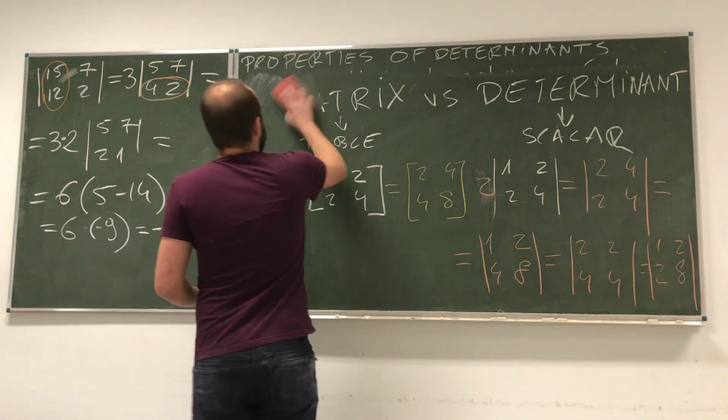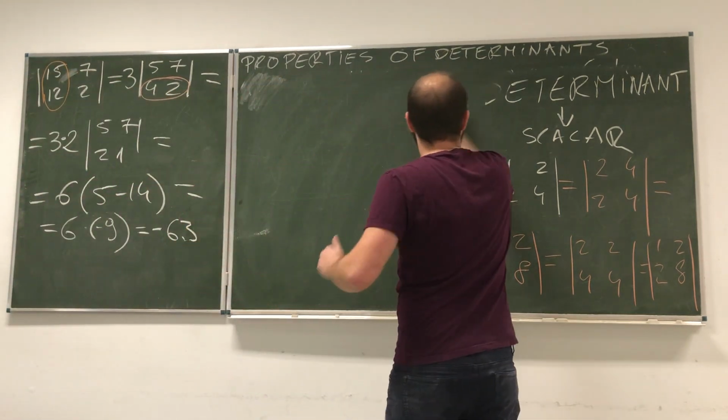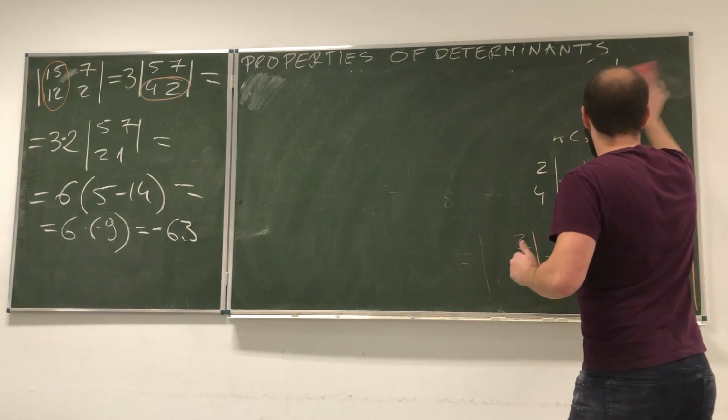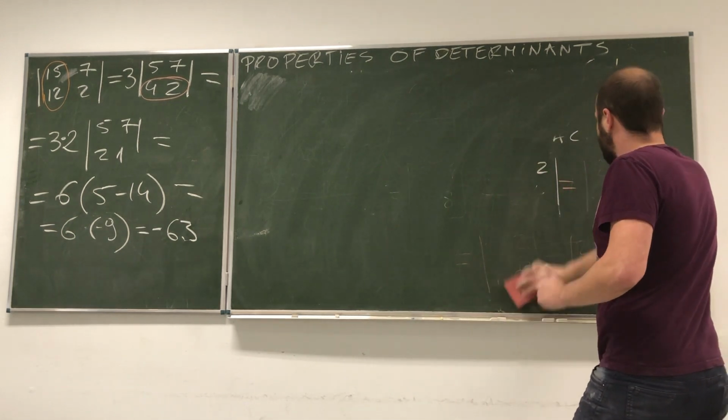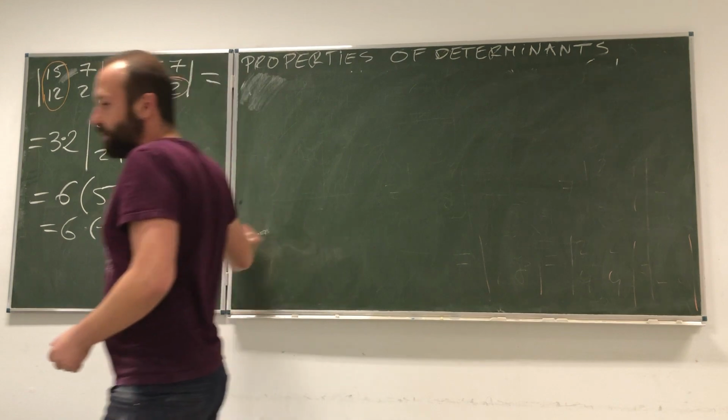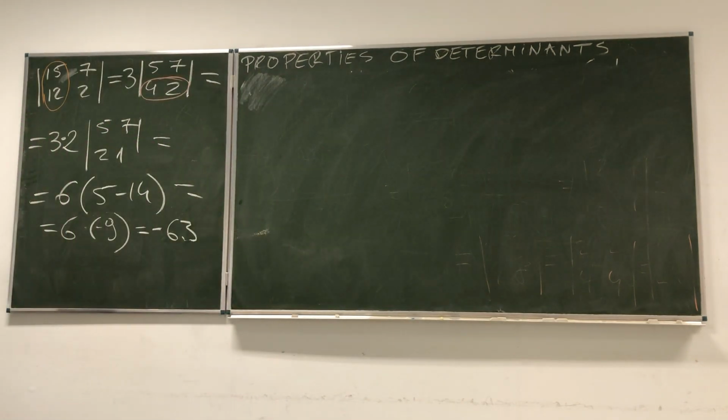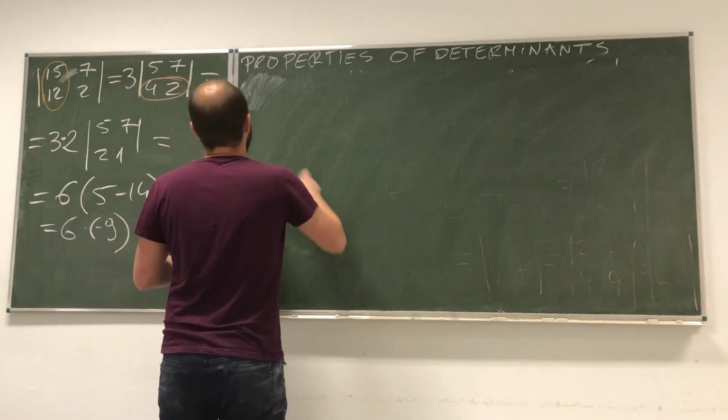Okay, but now we can finally go to property number 4. And this is another extremely useful property when we calculate complicated determinants.